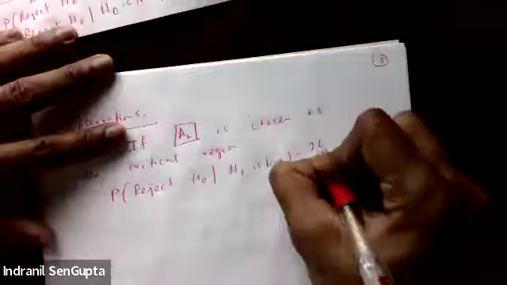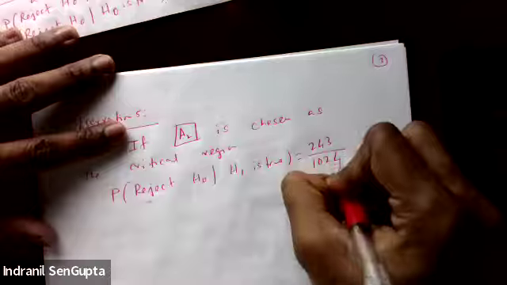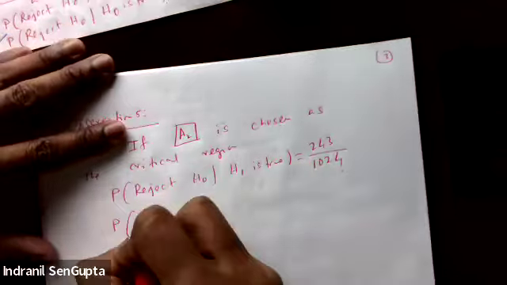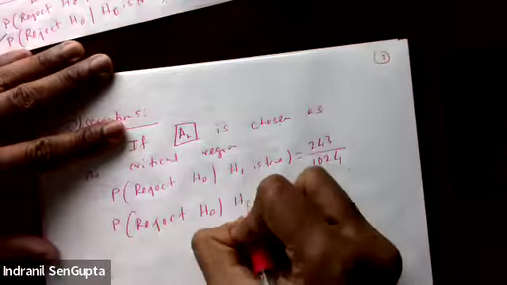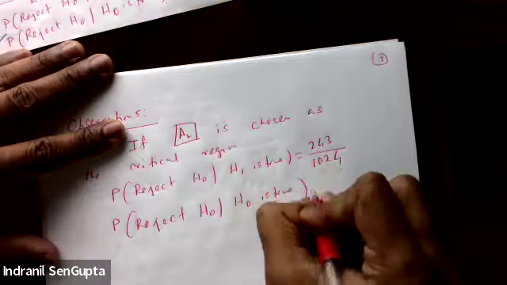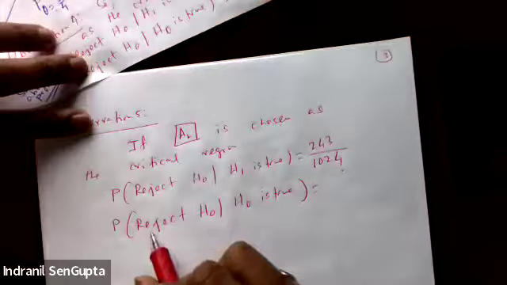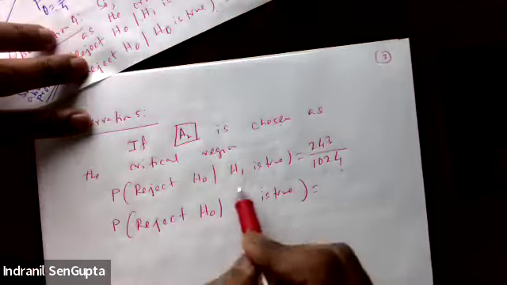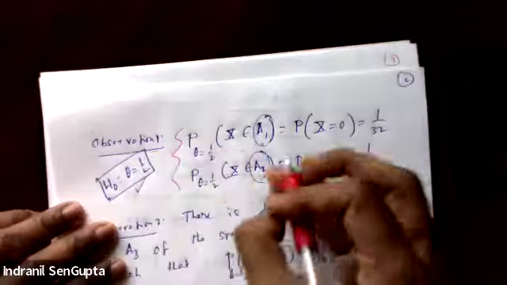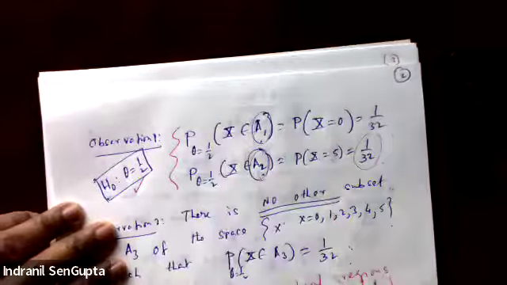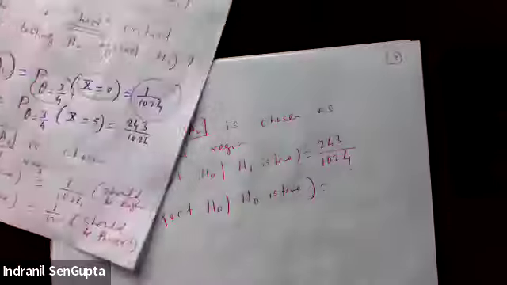So that is 243 over 1024, versus the probability of rejecting H0 when H0 is true. That should be less. So that means my X should be in A2 under theta equals 1/2, so theta equals 1/2 for H0. So it's 1 over 32, right?